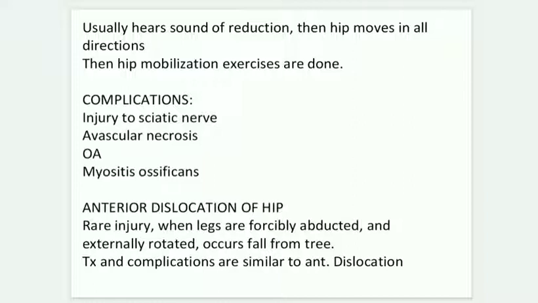It can occur when you fall from a tree, where your foot gets stuck and the hip abducts excessively, or in road accidents. Treatment and complications are similar to posterior dislocation of the hip.